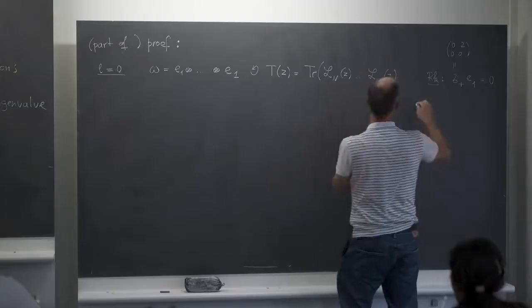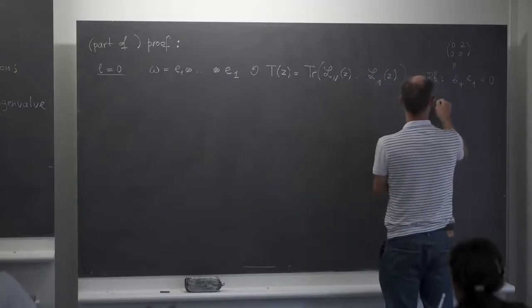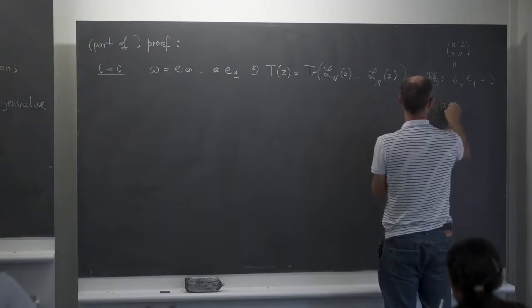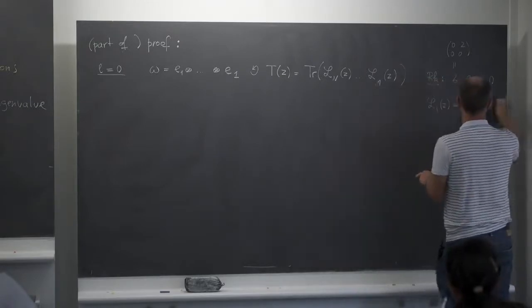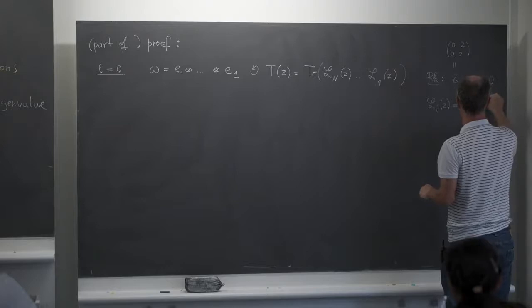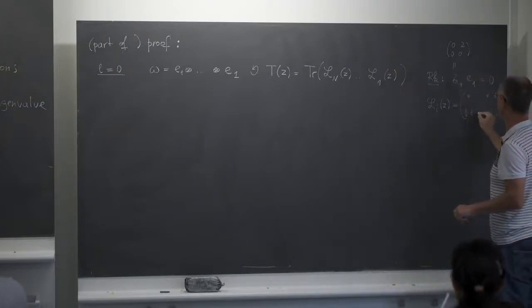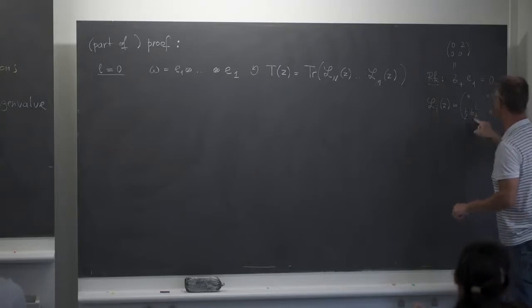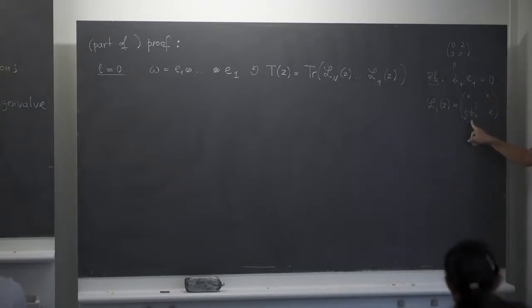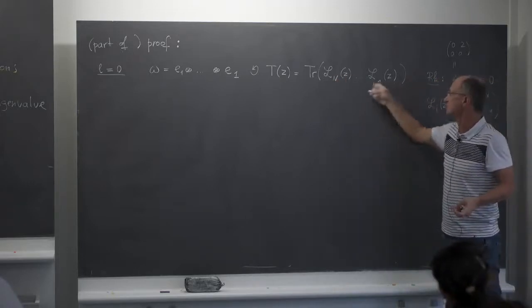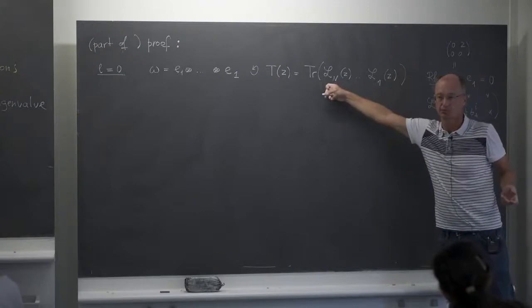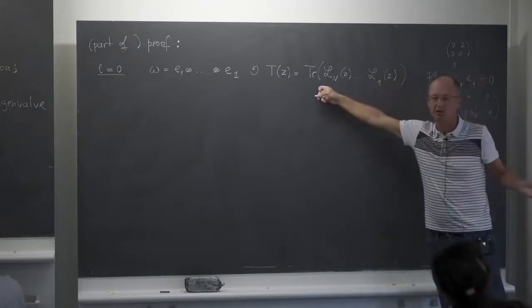Remember, when you write a formula for Li of z, you have something, something, something, but here you have i over 2 times this sigma plus i. So now, a priori, this trace consists of many, many terms.